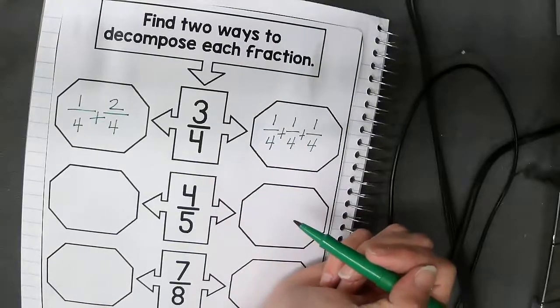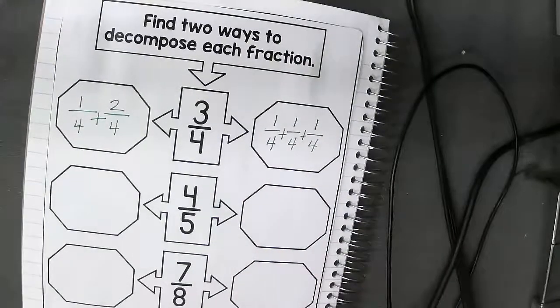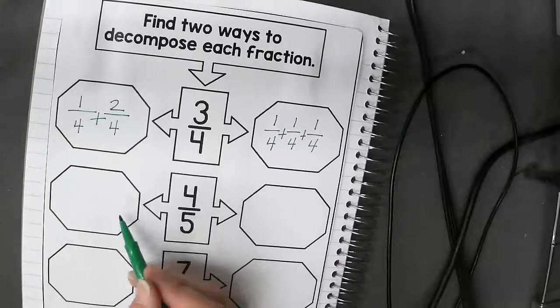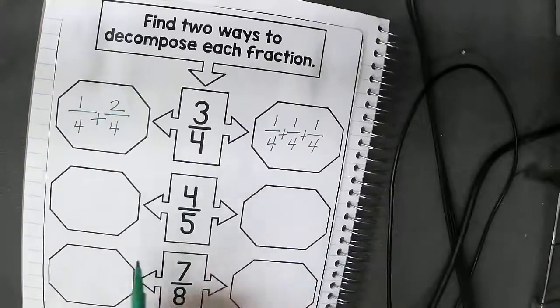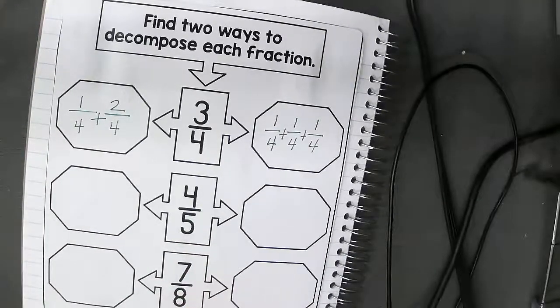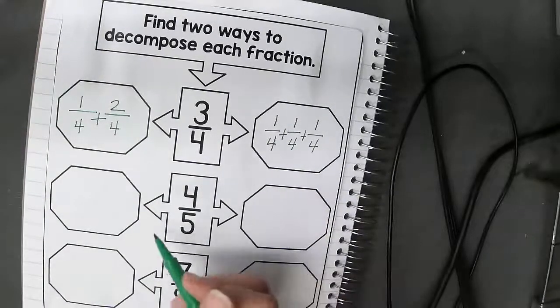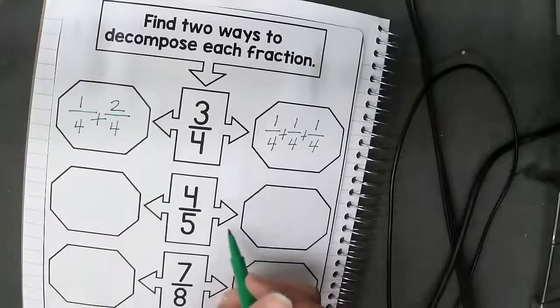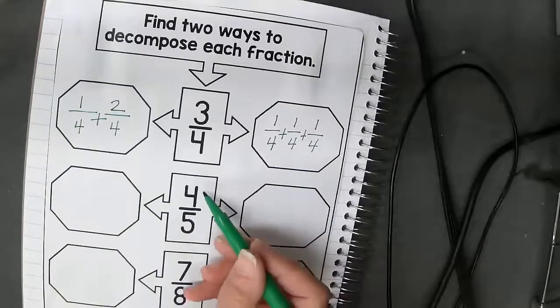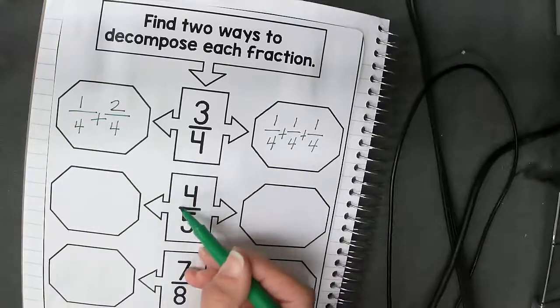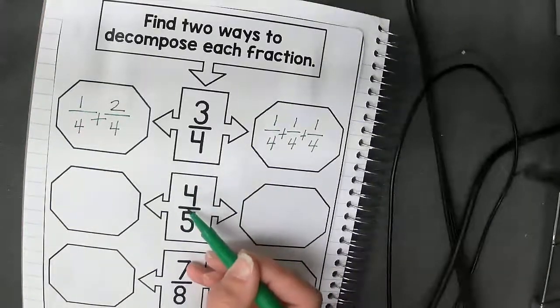Okay, go ahead and pause your video and decompose 4/5 for us. All right, welcome back. We're going to go ahead and check your work here. So your answers could be in either spot, and you may actually have different answers. The idea, though, being that your numbers in your numerator add up to the numerator here.